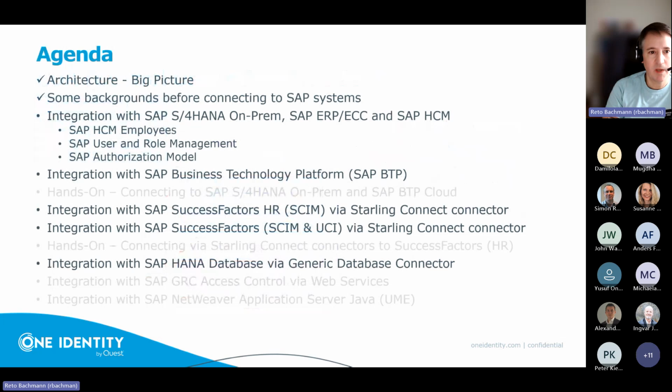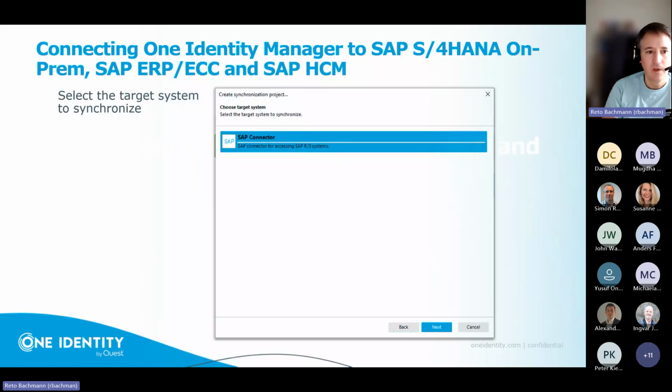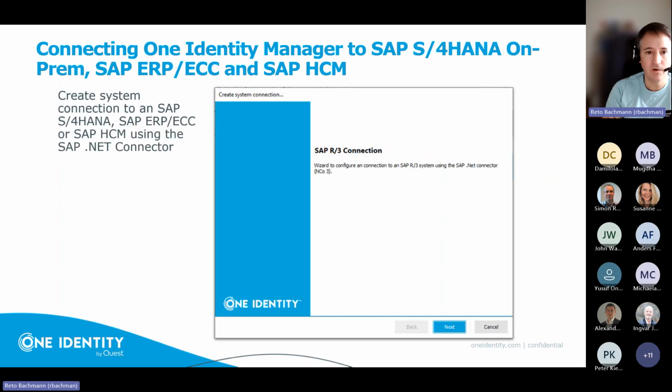So this was a bit of background for the SAP systems. And now, how we do the integration with the SAP systems. If you go to the Synchronization Editor, I think you have seen this already, there is an option for the SAP system to connect to. If you go to the system and connect to the systems, it guides you through the wizard.